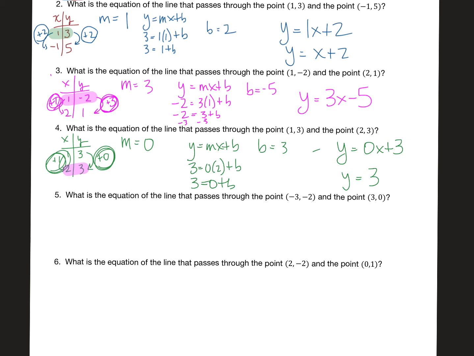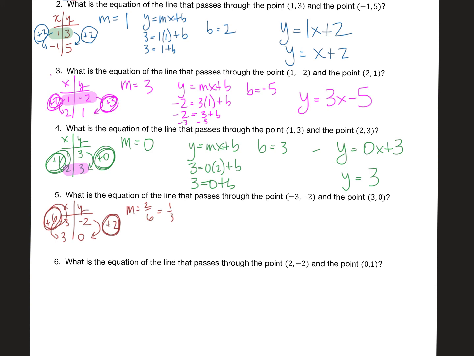Okay, let's try another. X and y. So I've got -3, -2 along with 3, 0. The change of y from -2 to 0 is adding 2. The change of x from -3 to 3 is adding 6, which means my m equals, let's see, change of y over change of x. That's 2/6. If you have your calculator, you can reduce. That's 1/3.